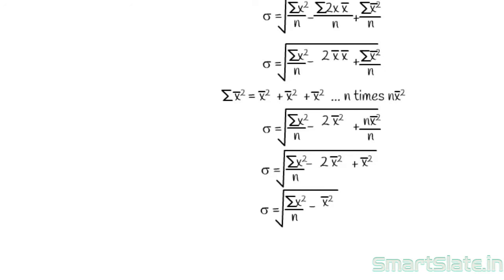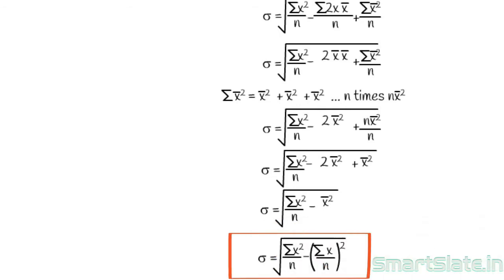We are writing x bar as sum of x by n again. So it is square root of sum of x square by n minus (sum of x by n) whole square. So finally we have arrived at the equation. Sigma or standard deviation is equal to square root of sum of x square by n minus (sum of x by n) whole square.